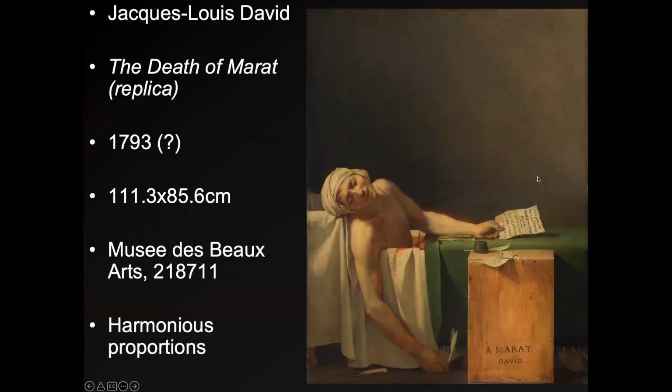So if we look at the next one, we can see something that has very harmonious proportions. We have some stuff at the bottom, and our eye kind of leads gently to the face of Marat, who looks like he just fell asleep. And we see the wound, the stab wound, and a little bit of blood, but we don't see the kind of horror of the previous one.